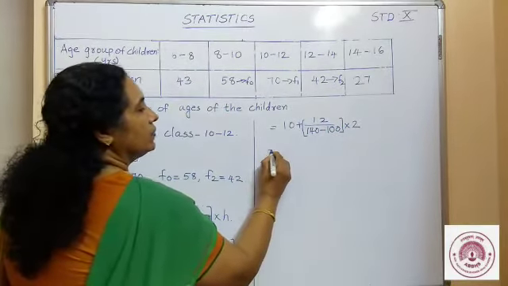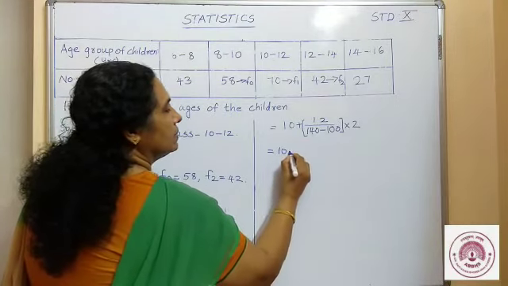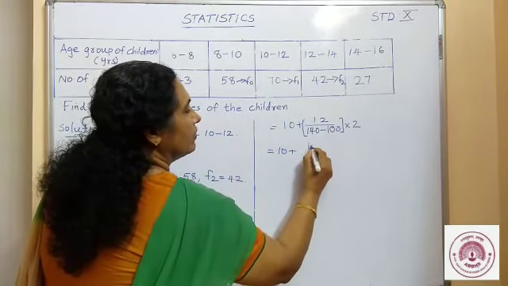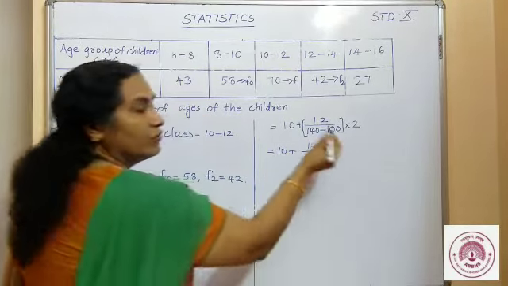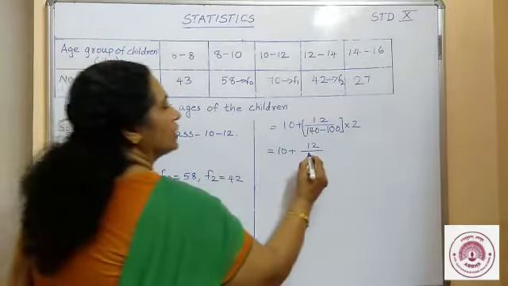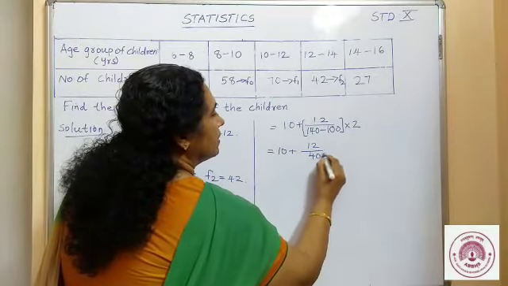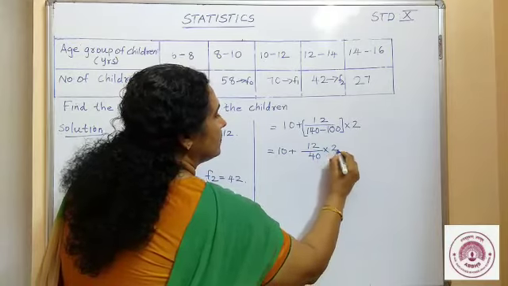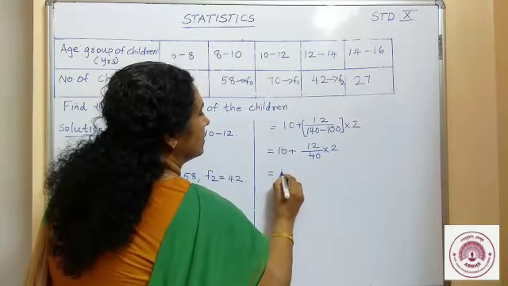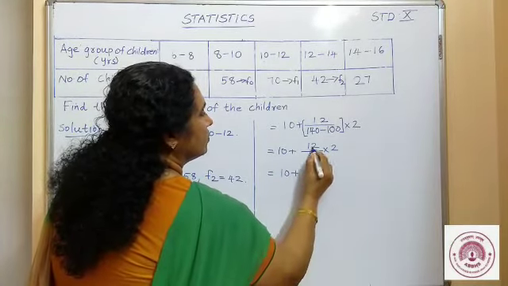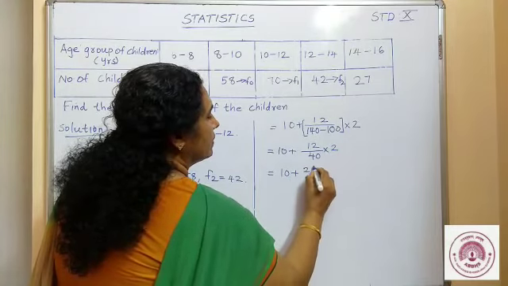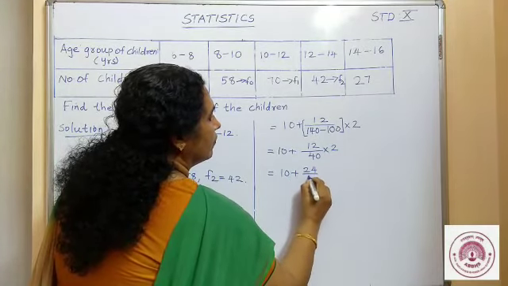This is equal to 10 plus 12 upon 140 minus 100 is 40, into 2, is equal to 10 plus 12 into 2, 24 divided by 40.